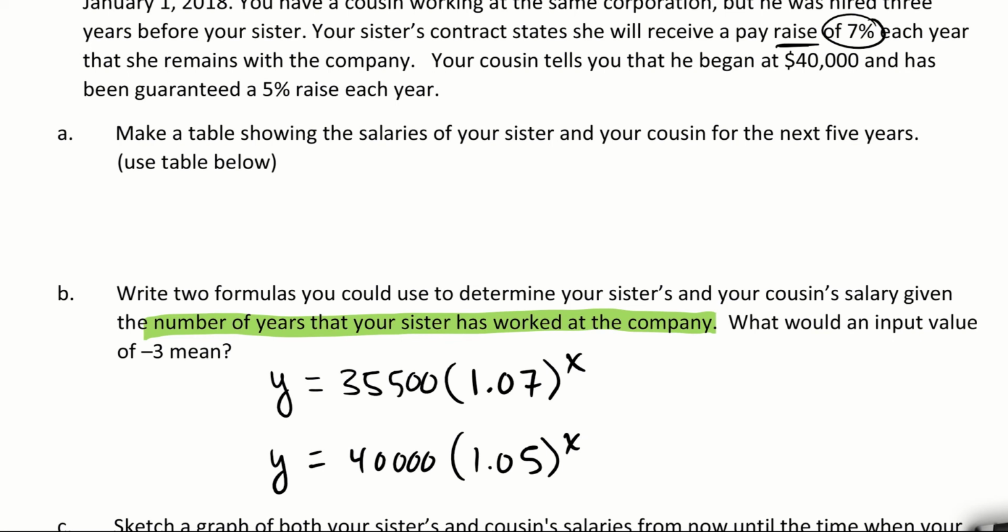So if she's worked 2 years, he would have worked 5. If your sister's worked 7 years, the cousin would have been there for 10. So in general, if x is the number of years that she has worked at the company, then x plus 3 is the number of years that he's worked at the company. This is a very nice description of exactly what's happening here, of the growth.